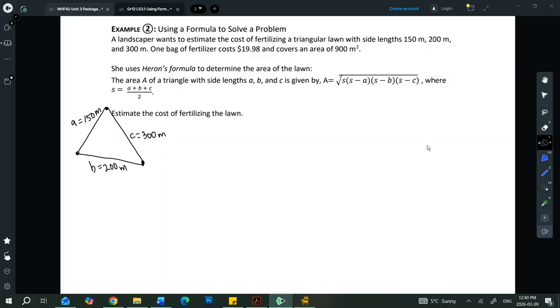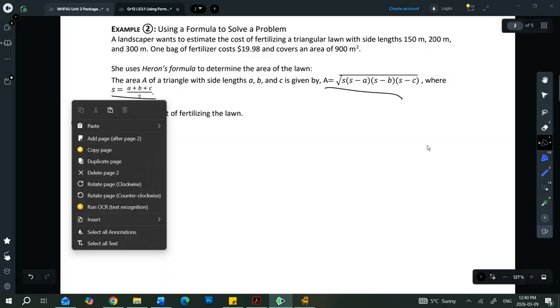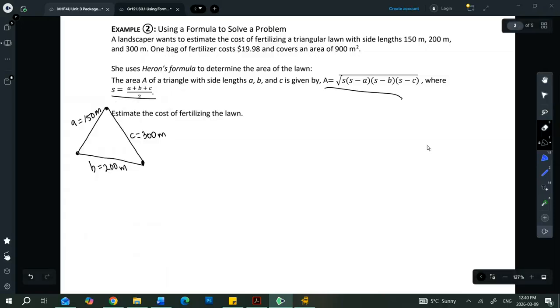Should I do the area formula first or the S formula first? Do I have S that goes into the area formula though? So probably would be most beneficial to calculate S and then use that in our area calculation. Okay, so let's do that. We'll do S equals A plus B plus C over 2.